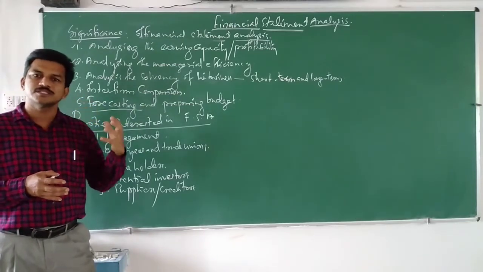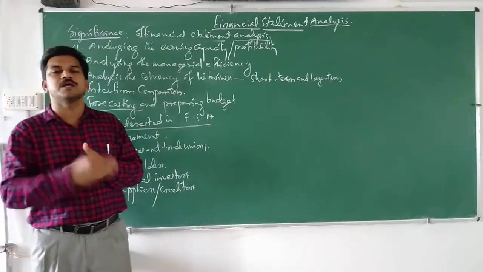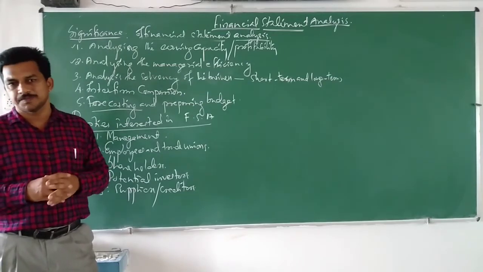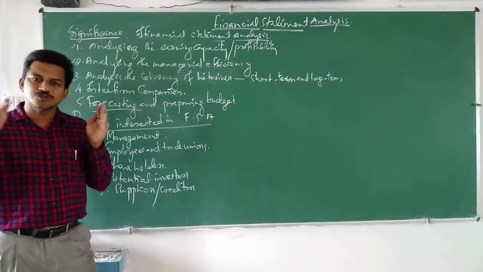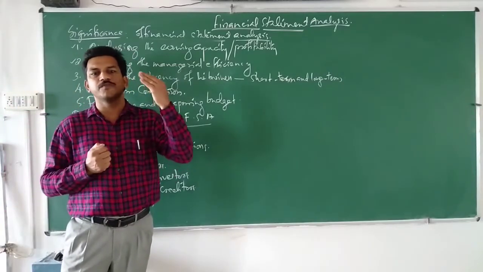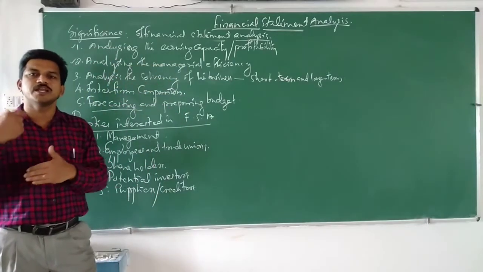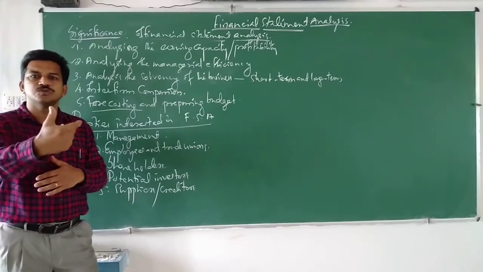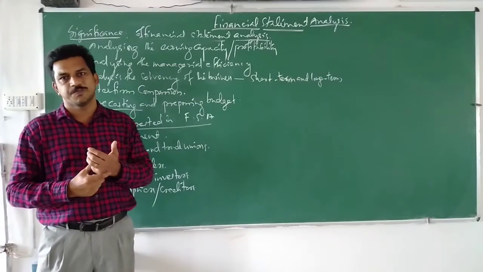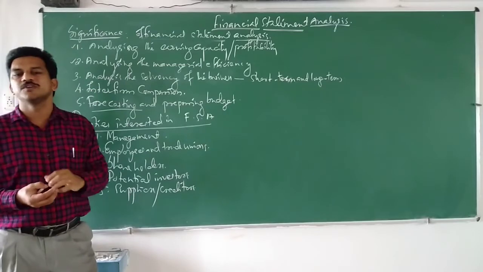Then they have to know whether the firm is able to pay back their liabilities, their money, in time. And they also want to know whether we can give them further credit. When we can give the further credit, then they are able to return the money. So the ability to return the money should be found out. Okay, so suppliers and creditors will check the financial statements.